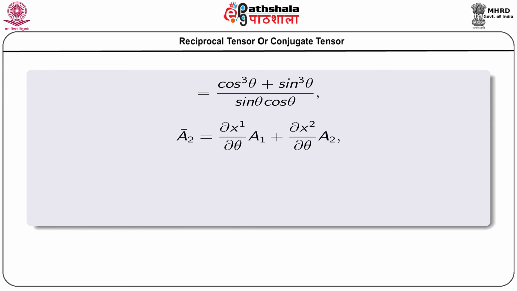And similarly, a bar 2 is coming to del x1 by del theta times a1 plus del x2 by del theta times a2, and that is coming to minus r sin theta cot theta plus cos theta tan theta, which is coming to r sin theta minus cot theta. So, a bar 1 and a bar 2 are the components of the covariant vector in the polar coordinate system.